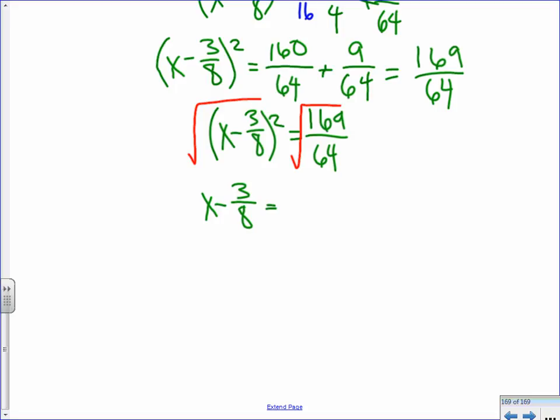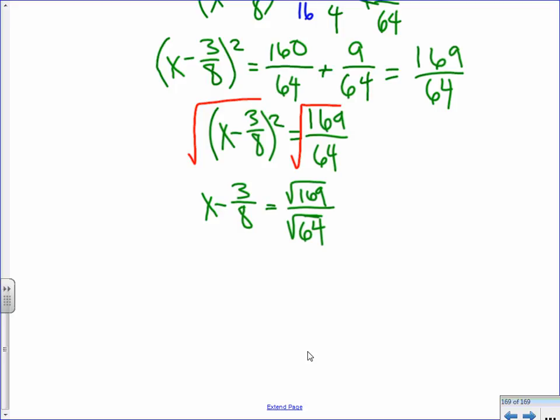And on the right-hand side, I get square root of 169 over square root of 64. Okay, because when I take the square root of a fraction, I can split that up and do the square root of the numerator and the square root of the denominator.